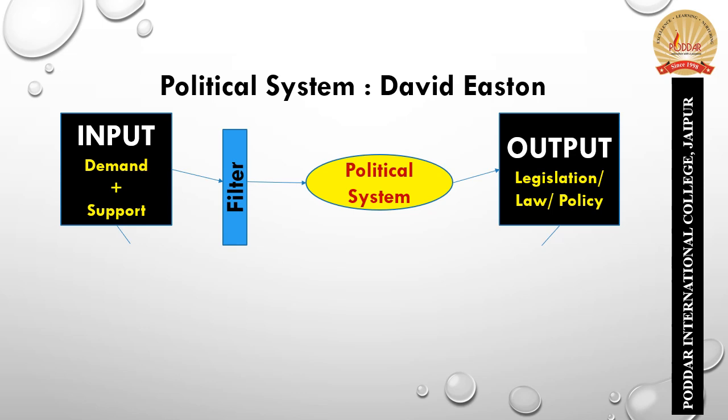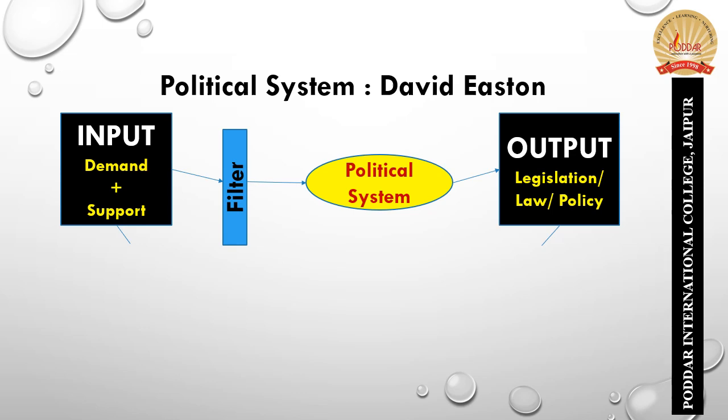Finally, we get output in the form of legislation, law, policies. These are the authoritative values as the output of the political system. Output is the result of the conversion process. The base of output is the demand with public support. Basically, political decisions taken by the authorities are known as political outputs.